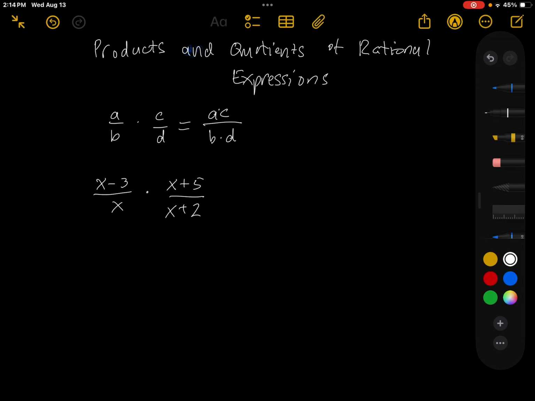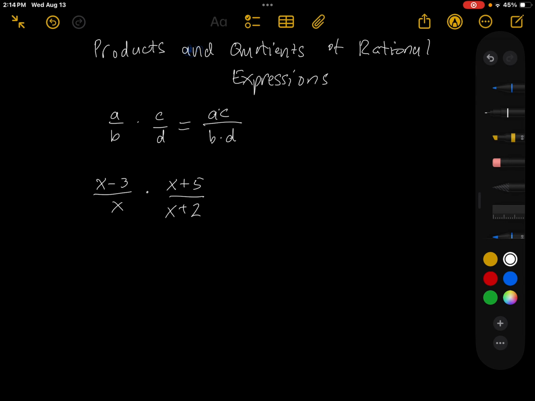I mean, numbers go into x. So if you imagine replacing x by a number, then x minus 3 is a number. So x minus 3 divided by x is a number, right? If x is a number. And similarly, x plus 5 divided by x plus 2 is also a number.